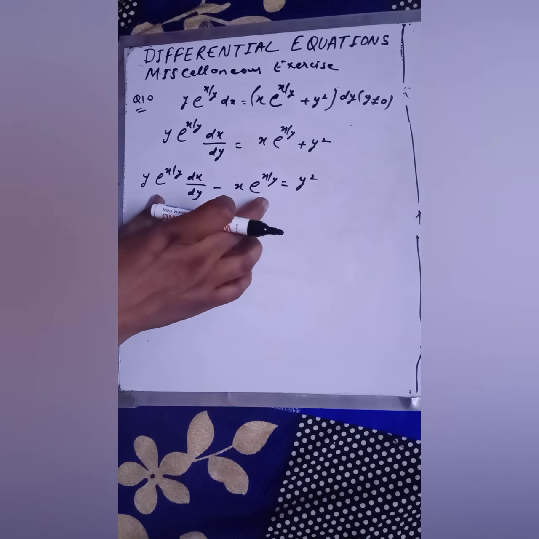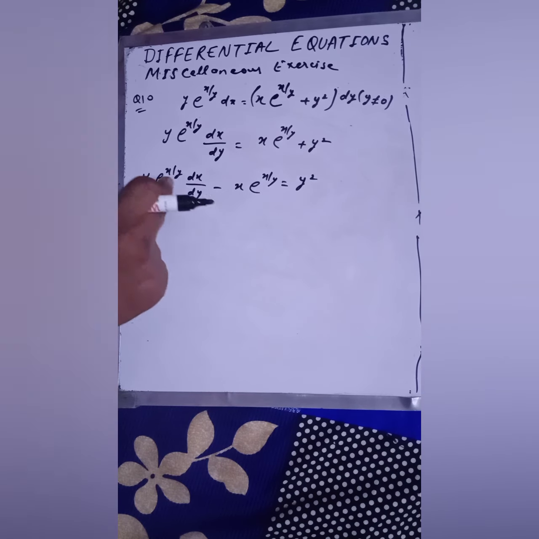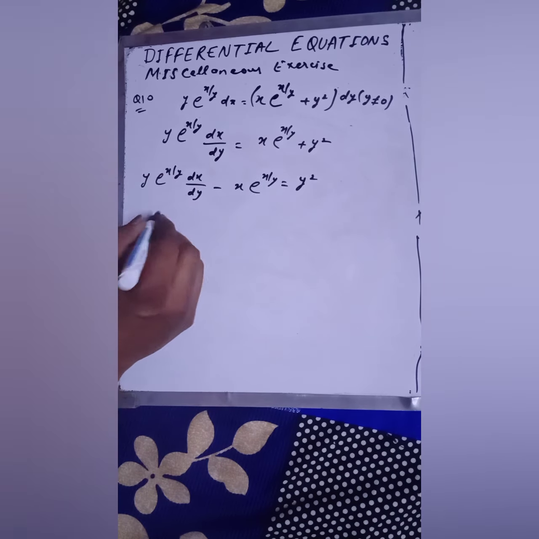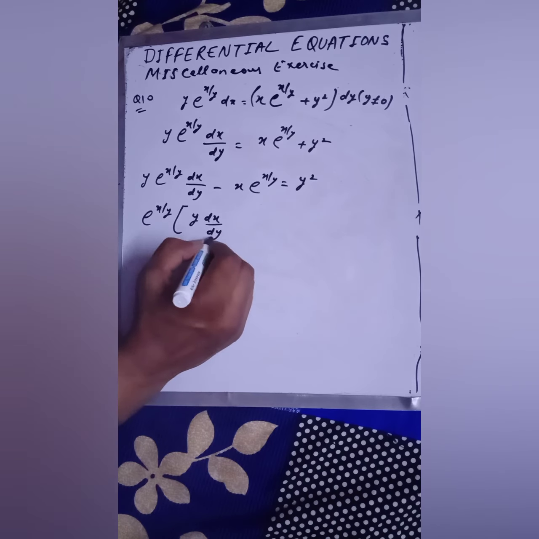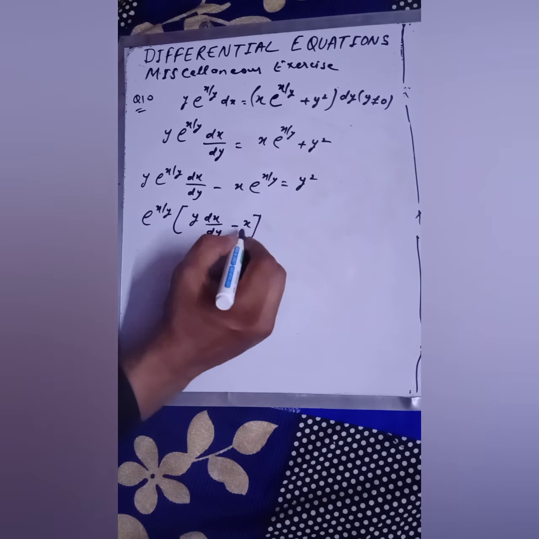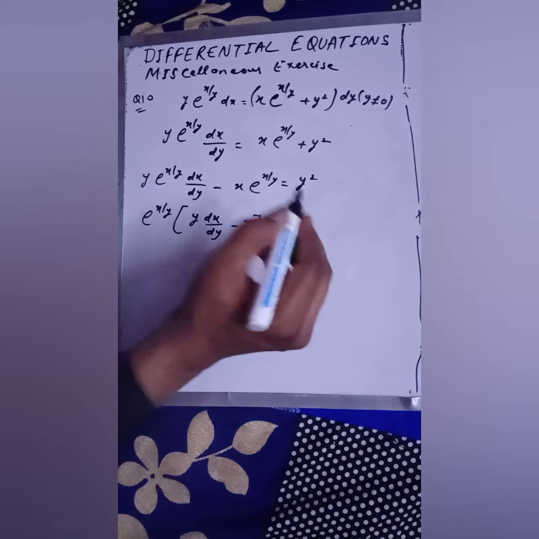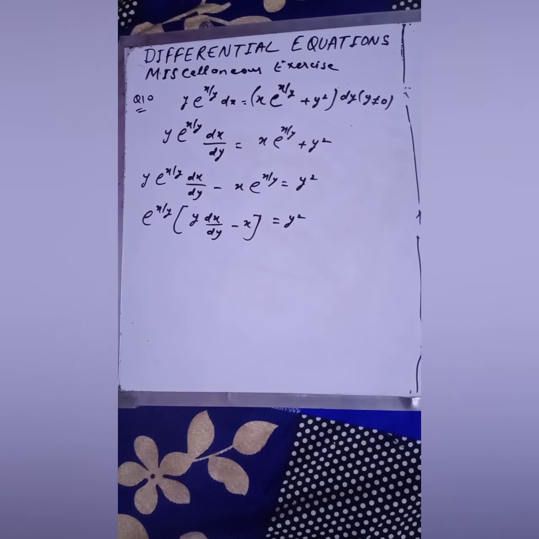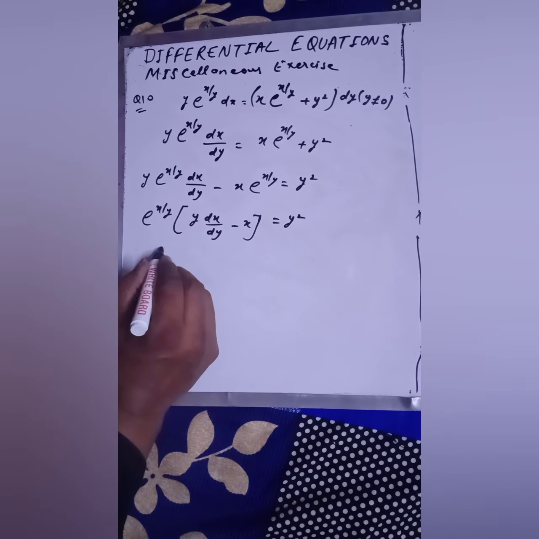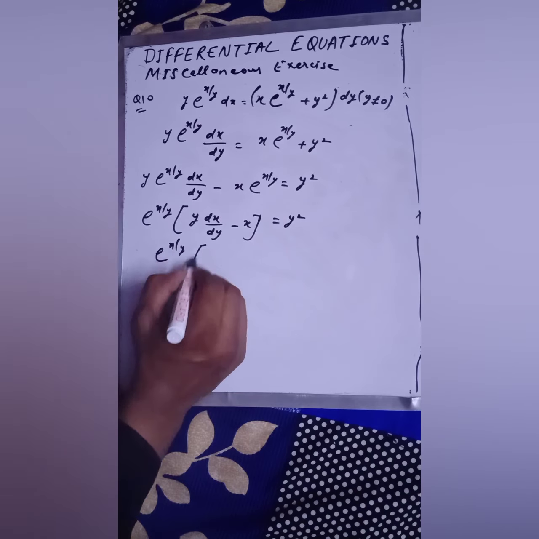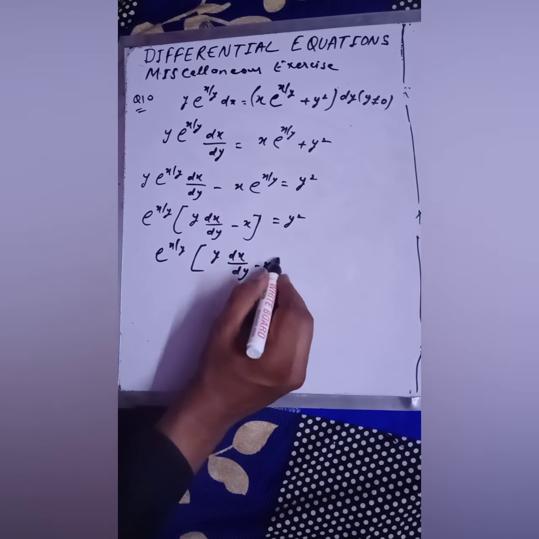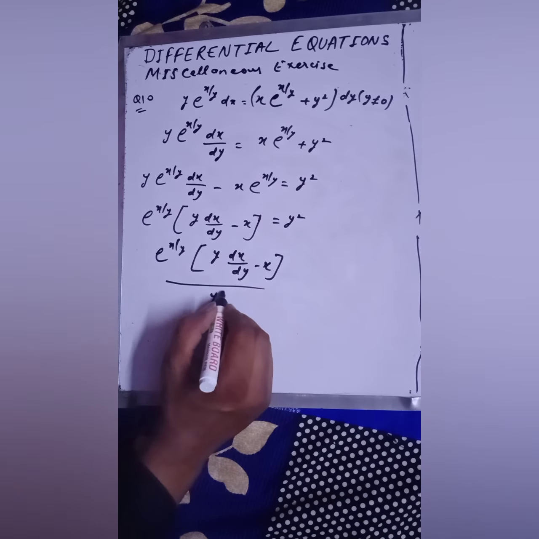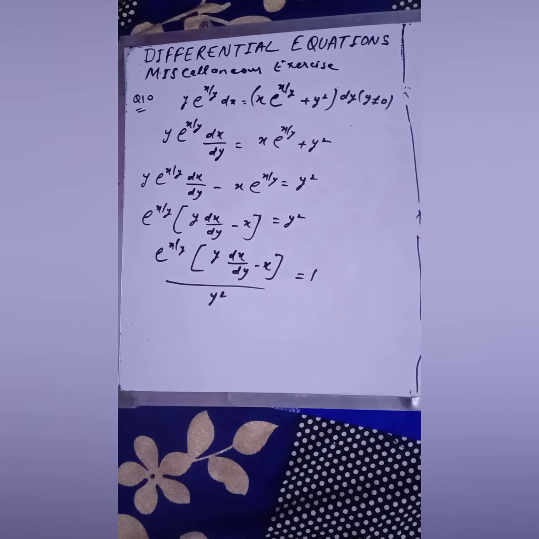Now as we can see, I can take common e raised to power x by y from both of them, and you will get y dx by dy minus x, that is equals to y square. Okay, now this is your e raised to power x by y, y dx by dy minus x, this whole over y square is equals to 1.